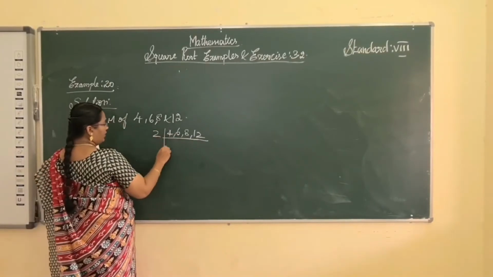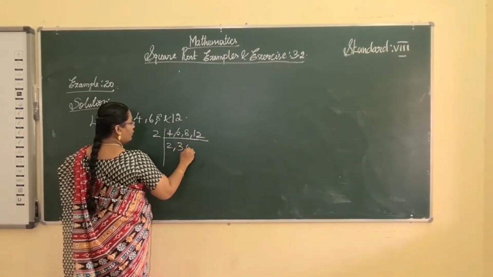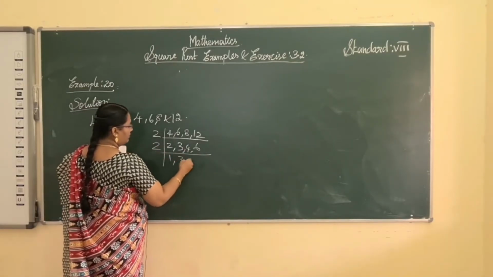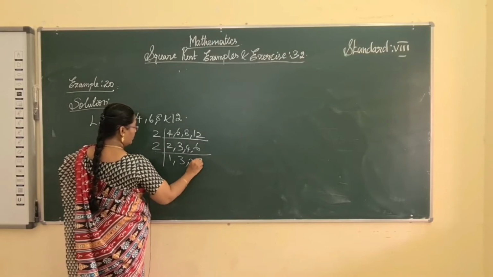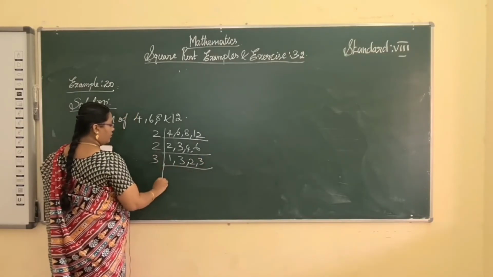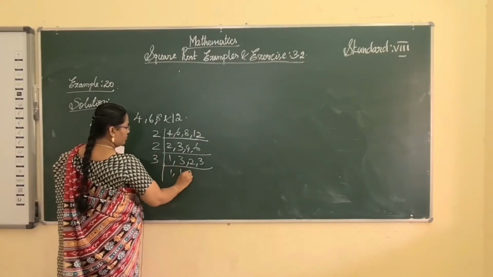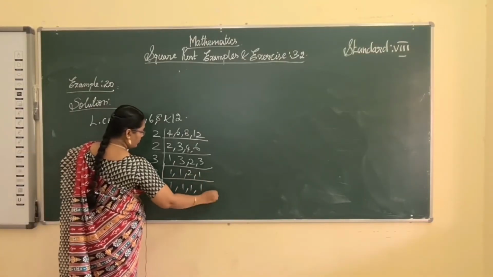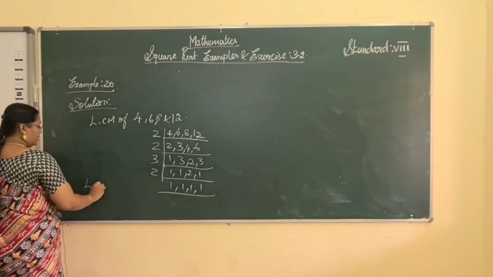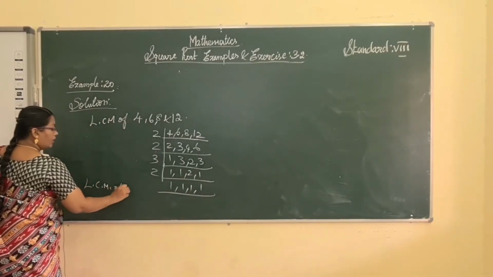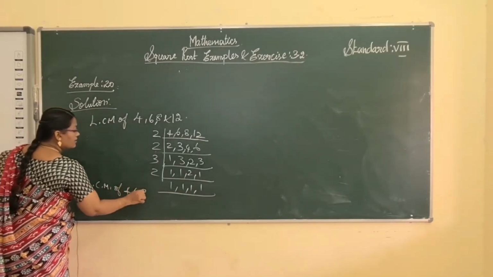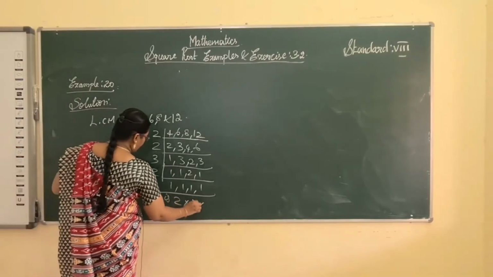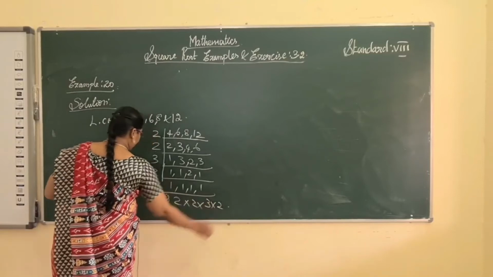Okay, so 2 table: 2, 3, 4, 6; 2 table: 1, 3, 2, 3; 3 ones are 3. And then so LCM of 4, 6, 8 and 12 is 2 into 2 into 3 into 2.